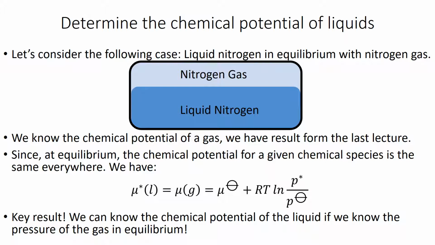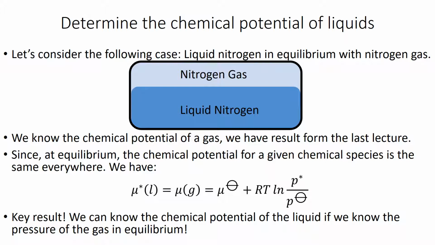This equation is a key result. We can know the chemical potential of the liquid if we know the pressure of the gas in equilibrium with it. So basically, all we have to do, if we want to know the chemical potential of a liquid, is measure the pressure of the gas above it. It's as simple as that.